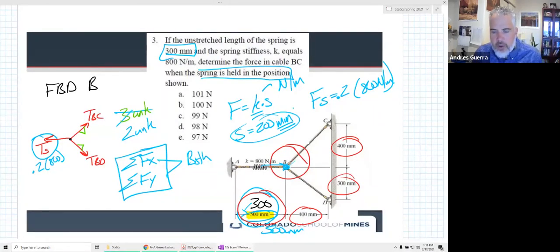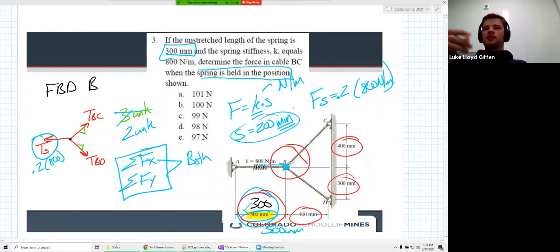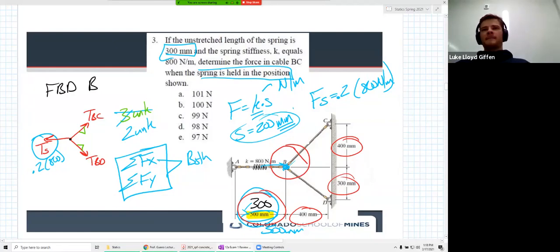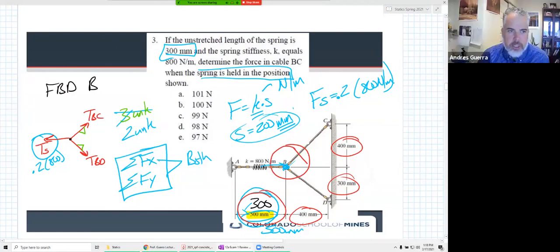I chose 97, and I think that's the right answer. One newton less, okay, that's weird. No, you should get closer than that. So yeah, take a look at the practice exam solutions and see if you can figure out what went wrong, or come to office hours today too.